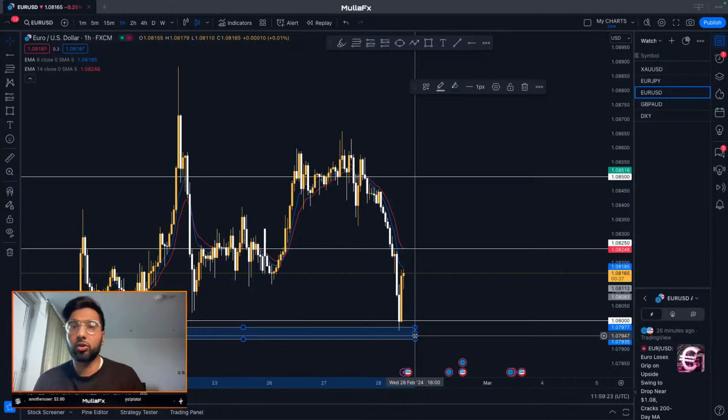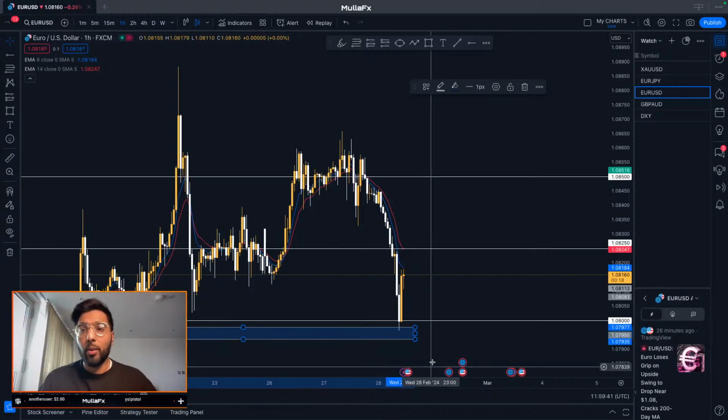If Euro USD is in a drawdown, it'd be very hard for me to place a trade in gold because my equity is in drawdown at the moment. So hence why I don't really trade Euro USD as much. But again, if I see a strong move, I am trading that pair.